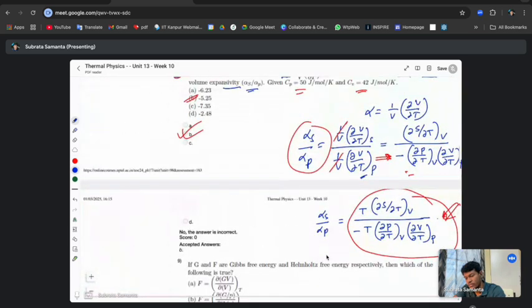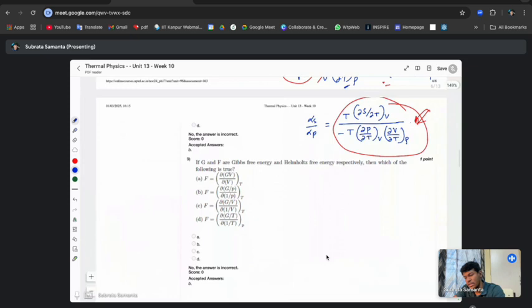In the next question: if G and F are the Gibbs free energy and Helmholtz free energy respectively, which of the following is true? How are the Gibbs free energy and Helmholtz free energy related?